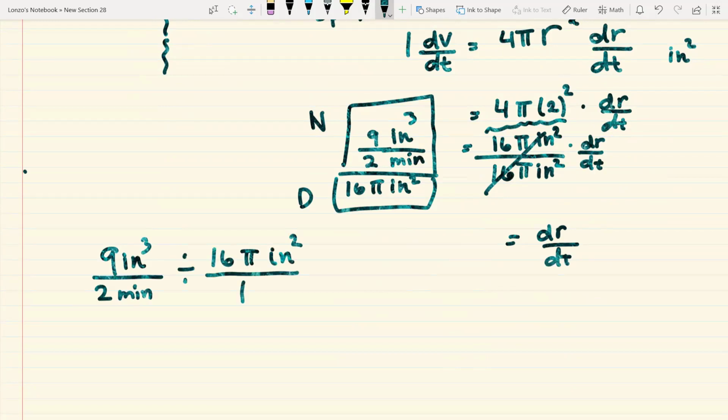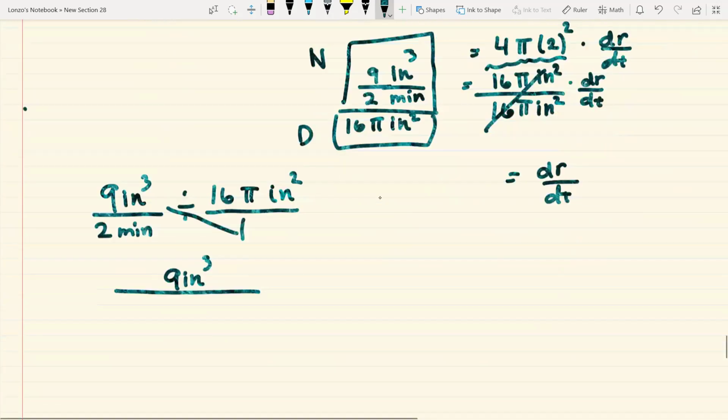And then how do you divide this? You cross multiply. What's 1 times 9 inches cubed? That is 9 inches cubed. And then what's 2 minutes times 16 pi inches squared? Well, 2 times 16 is 32, and then you still have this pi, this inch squared, and this minute.